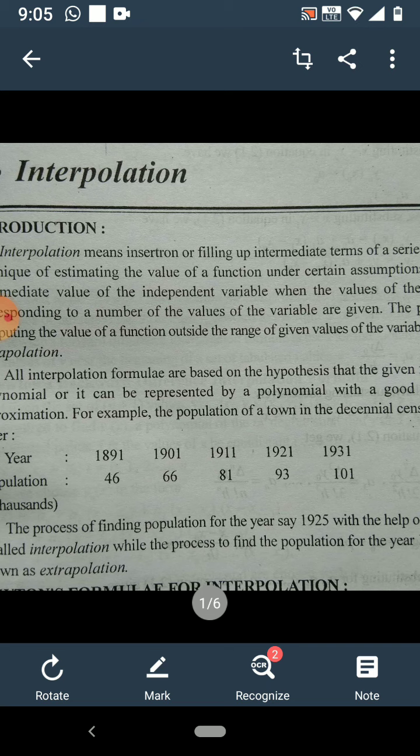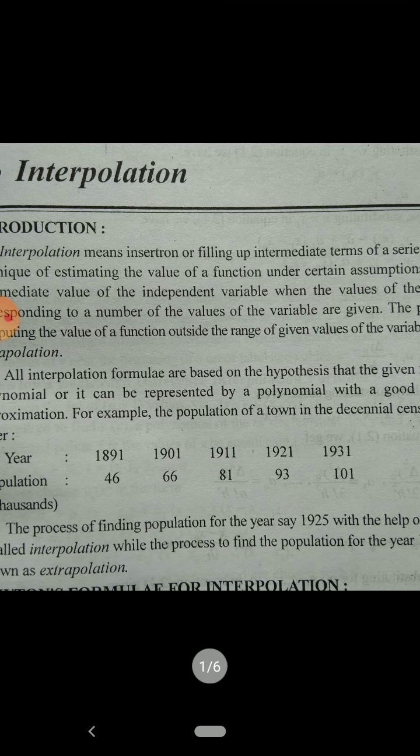When you have to find the population in between these values, for example between 1911 and 1921, suppose you have to find the population for the year 1915, that is intermediate of these values. The process of finding the population for the year 1915 is interpolation. Or when you have to find the population outside the range, for example 1935, it is extrapolation.